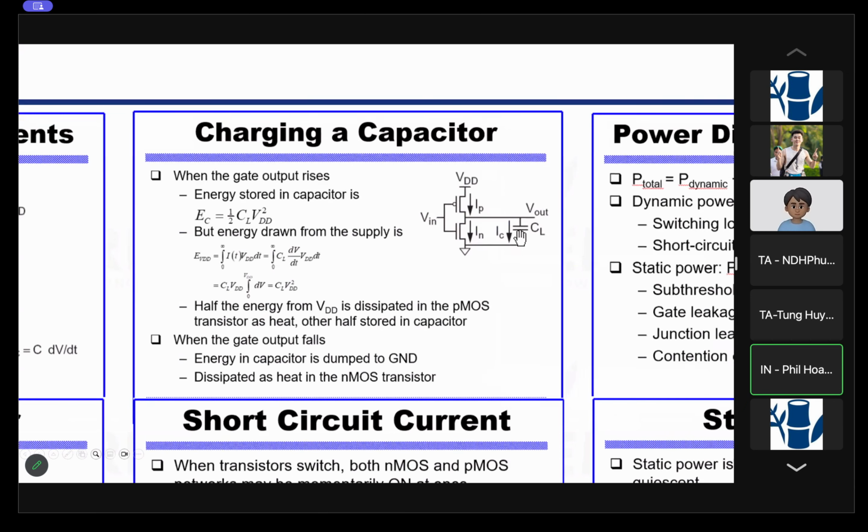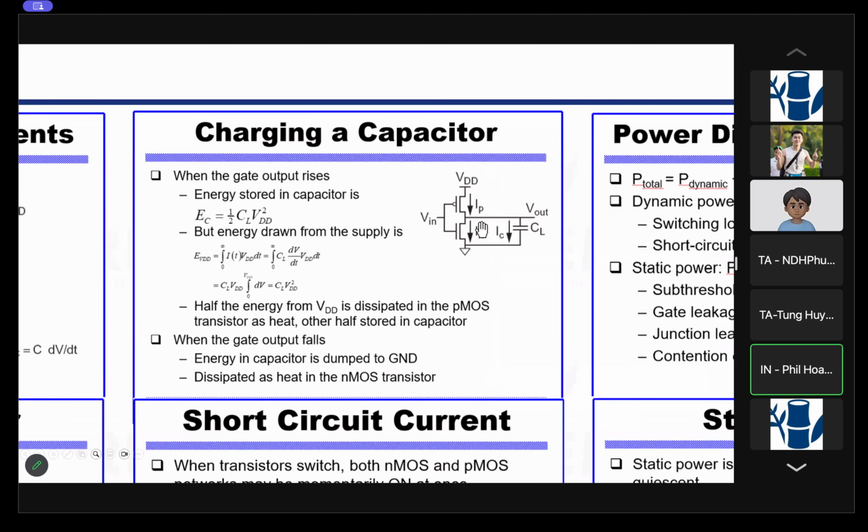So that's energy stored here. But the energy drawn from the power supply is something else as well. As you go through the equations, you will see C_L times VDD squared. So it's twice as much, because half of the energy is dissipated through this PMOS, right? The other half is stored here.